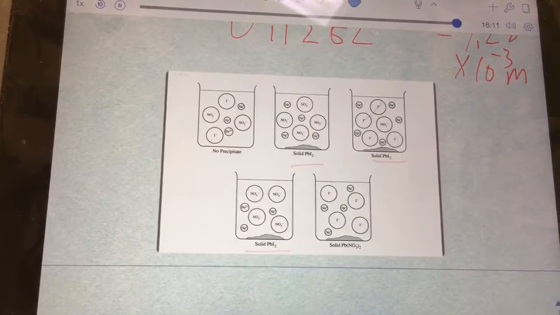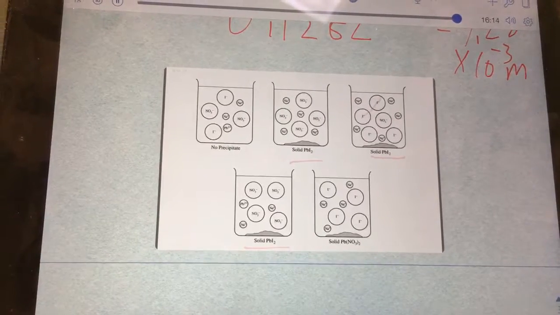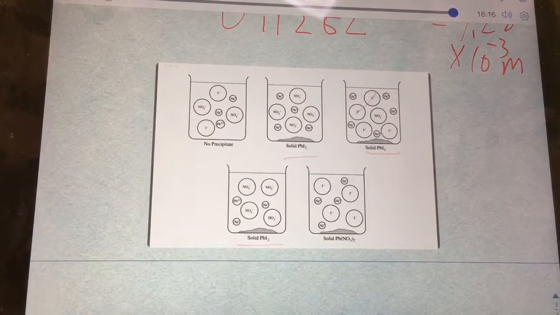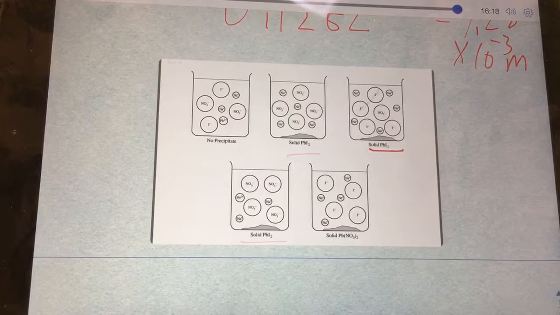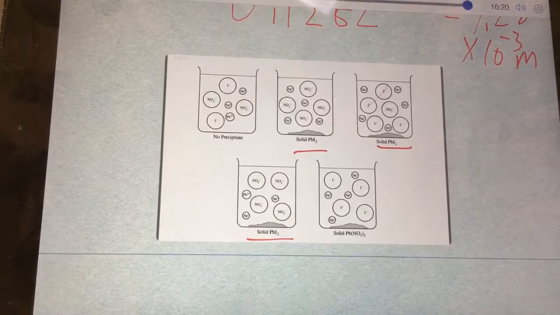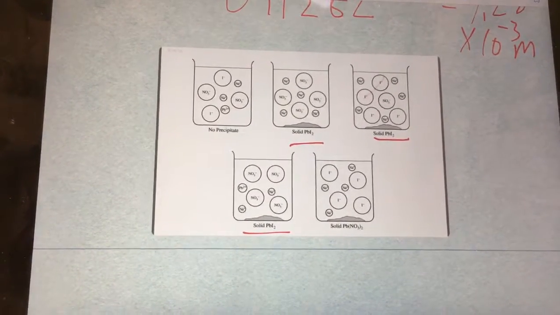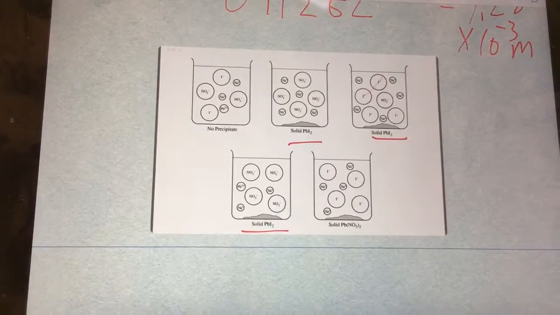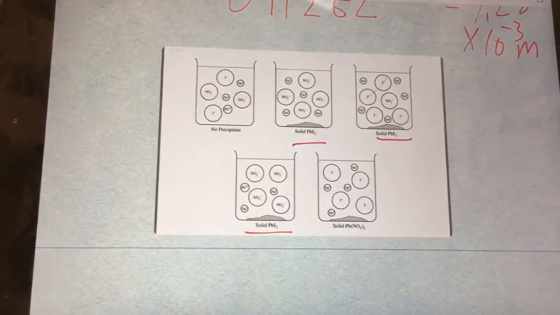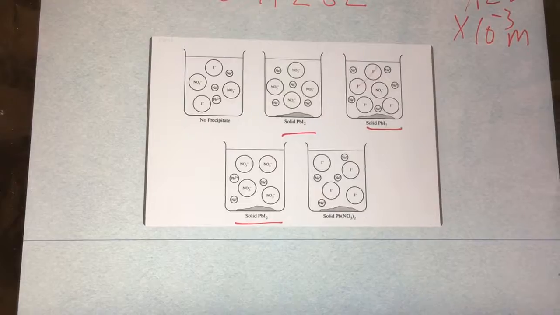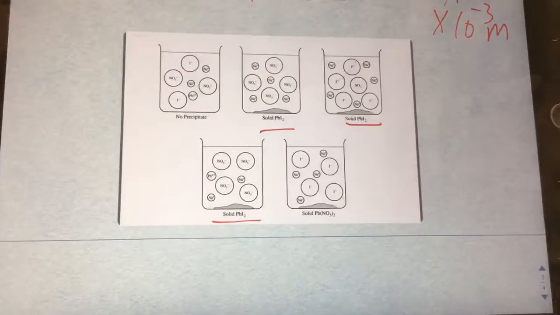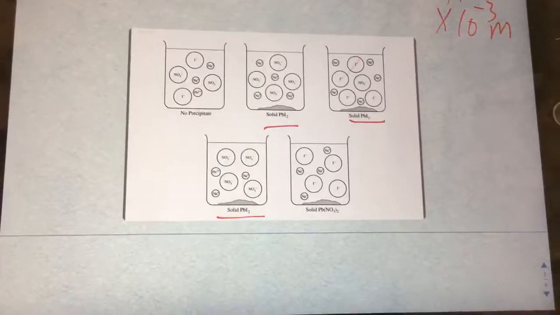Our solid should be the product. And we know the amount of NaI exceeds the amount that we needed.